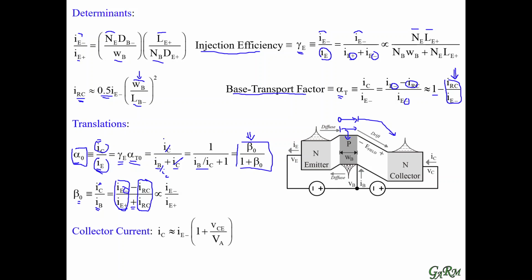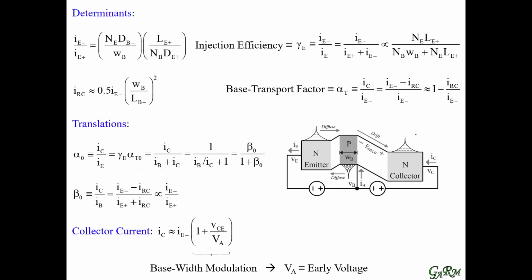So let us look at the collector current then. We know that the collector current is largely the electron current in the emitter, because we know that the base transport factor is very high. And then we have here another correction, and this is what we'll call base width modulation. Let me remove markers so that we can clarify this point. If we raise the collector voltage, electrons at the edge of the depletion region will be pulled away from the depletion region.